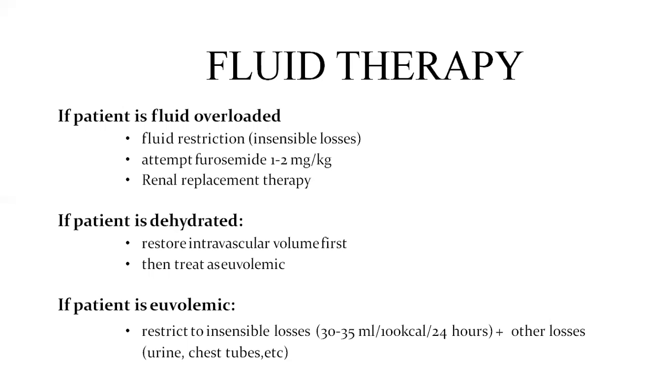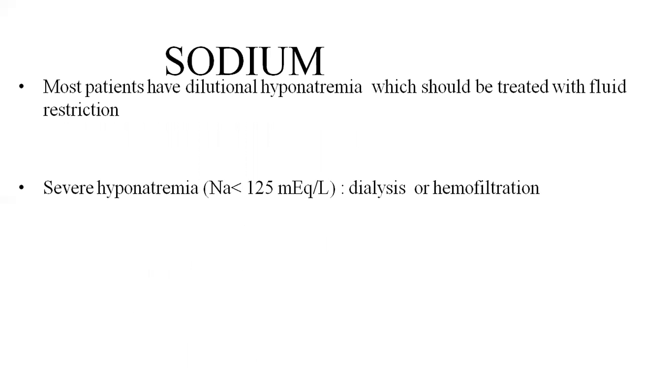If the patient is dehydrated, restore intravascular volume first to achieve euvolemia, and if the patient is euvolemic, restrict to insensible losses, plus losses in urine and chest tubes, etc. For sodium levels, most patients have dilutional hyponatremia, which should be treated with fluid restriction, and for severe hyponatremia, that's less than 125 milliequivalents, dialysis and hemofiltration is suggested.